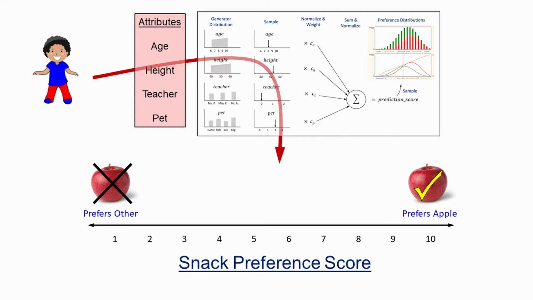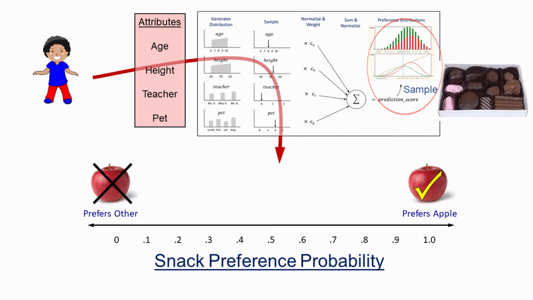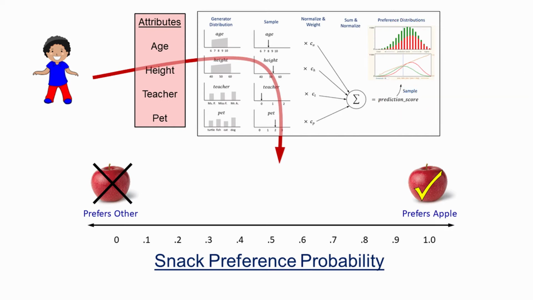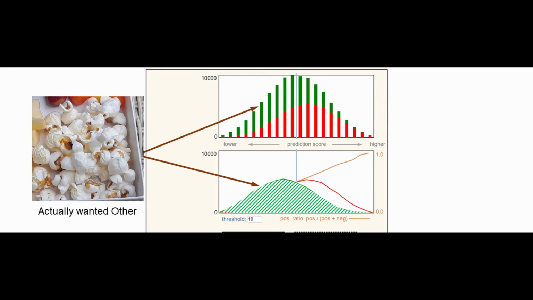Let's treat the prediction score as a probability that the kid wants an apple snack. I mentioned that we're normalizing to make the bins represent a probability from 0 to 1. Given the prediction score that is now a probability, we'll sample that to arrive at a final outcome. Does the kid really prefer an apple snack or other snack? This is the outcome variable, red for apple snack, green for other snack.